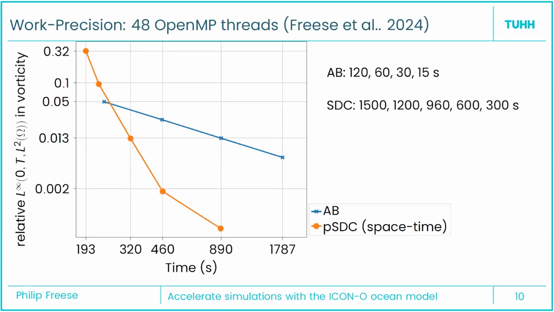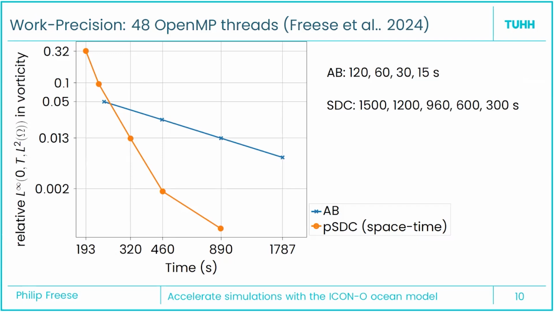Okay, and then I want to basically finish with this work precision plot where you have the time on the x-axis and the error on the y-axis. And what you can see here is in orange, yet again, this parallel SDC, and then in blue, this Adams-Bashforth. And what really drives me crazy a little bit is this small blue dot on the left, because this one is the only dot where Adams-Bashforth would still be faster than SDC.